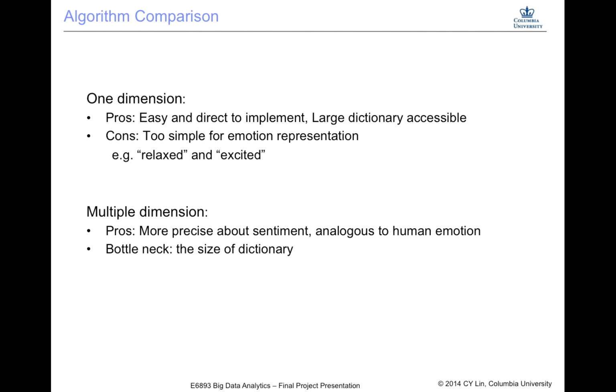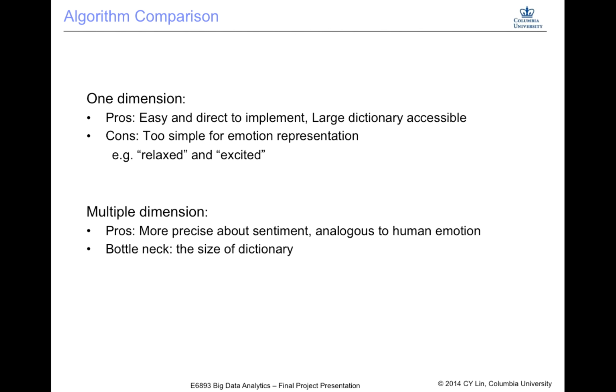But the disadvantage is also obvious: one dimension is too simple for emotion representation. For example, the words relaxed and excited have totally different meanings in reality, but for one-dimensional analysis, they might have similar scores since they are both positive.